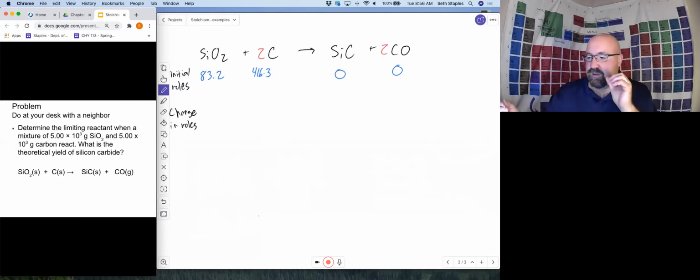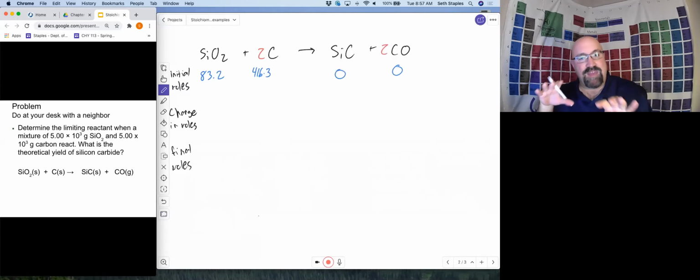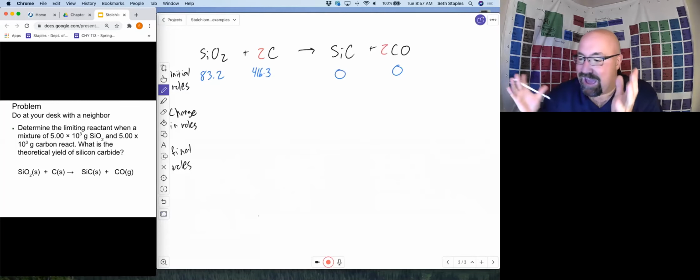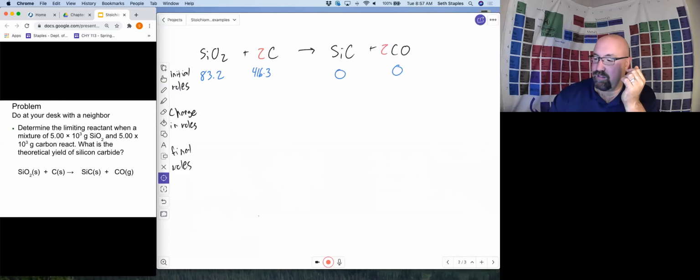Now, the important thing to remember here is that our change, since one of these reactants is our limiting reactant, one of them is the excess reactant, we want to look for the change in moles that will give us 0 moles left of one of these reactants. And we have to take into account here as well our ratios from our balanced equation.